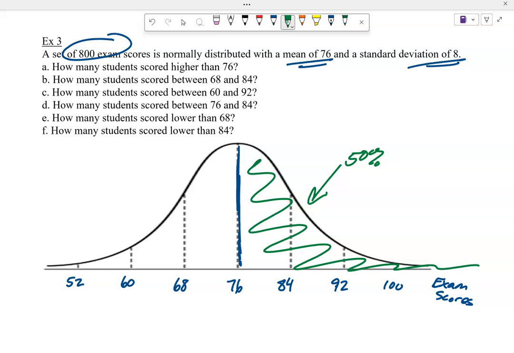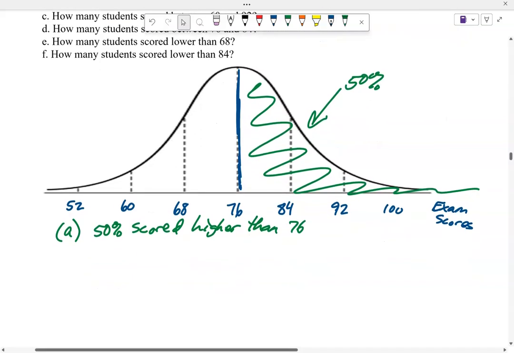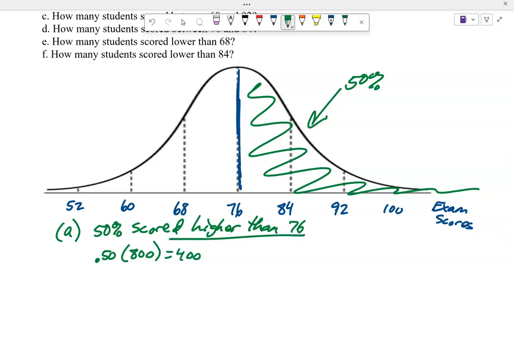So when we go to solve part A, 50% scored higher than 76. But we want to know how many students. Well, how many students took the test? 800, right? So 50% of 800, there's 400 students that scored higher than 76.